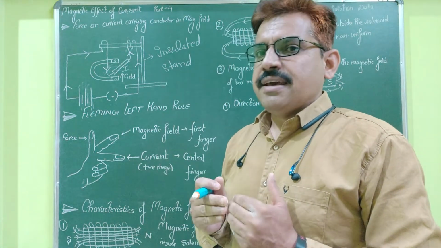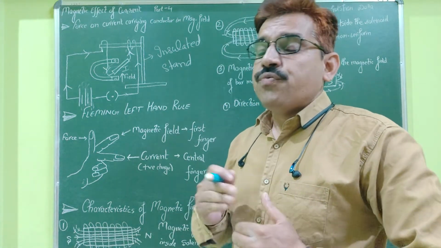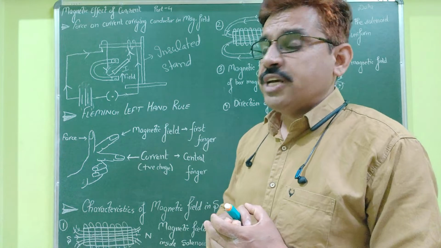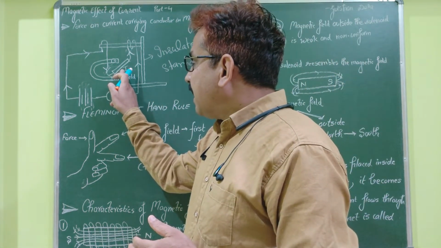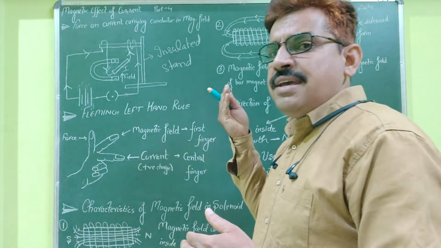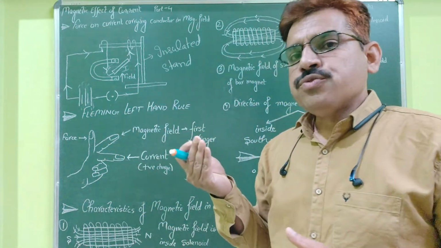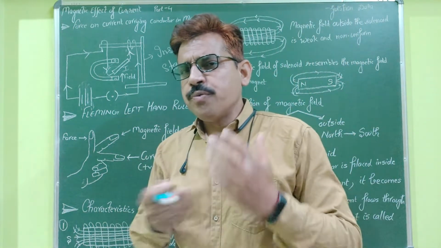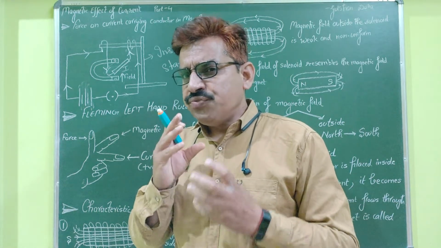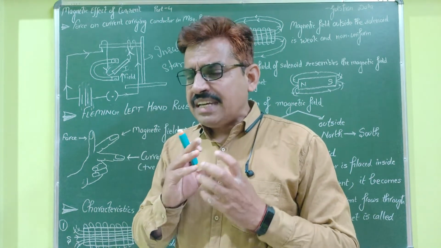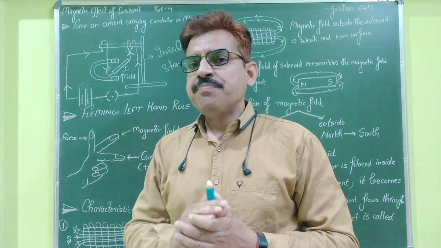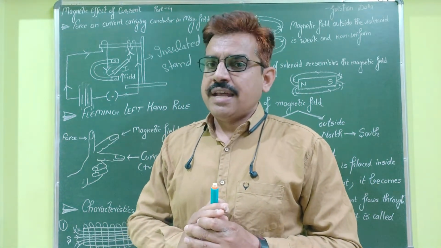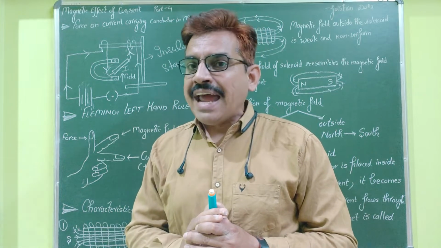So the direction of force also changes, and the conductor is deflected toward the right side. So the direction of the force depends upon the direction of current and the applied magnetic field.